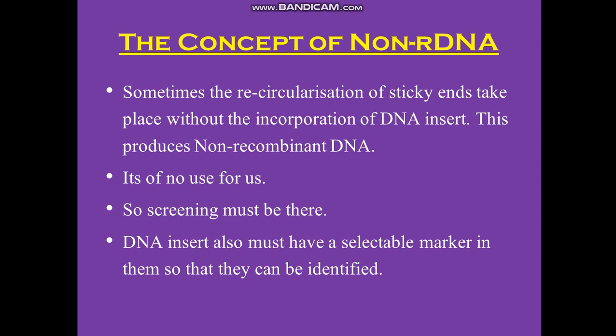It should have a selectable marker, like an antibiotic resistance gene present, or it should have any radioactive label incorporated, so that we can screen it under UV rays and find out whether this is recombinant DNA or non-recombinant DNA. Clear? Okay, moving forward.